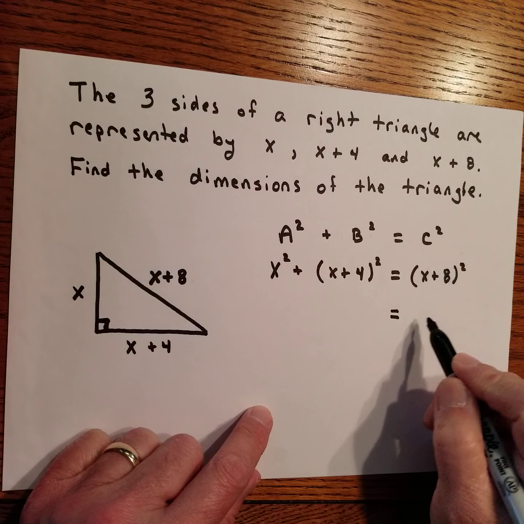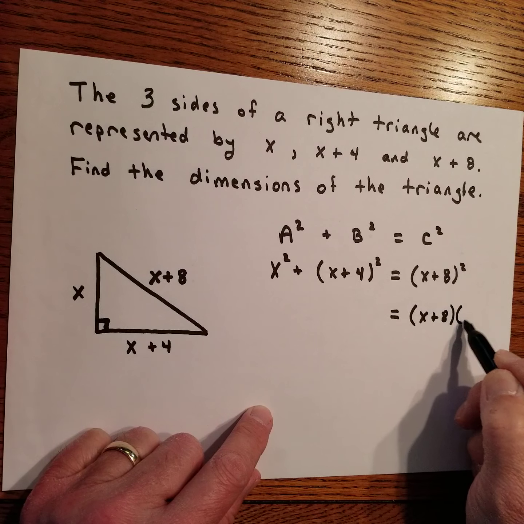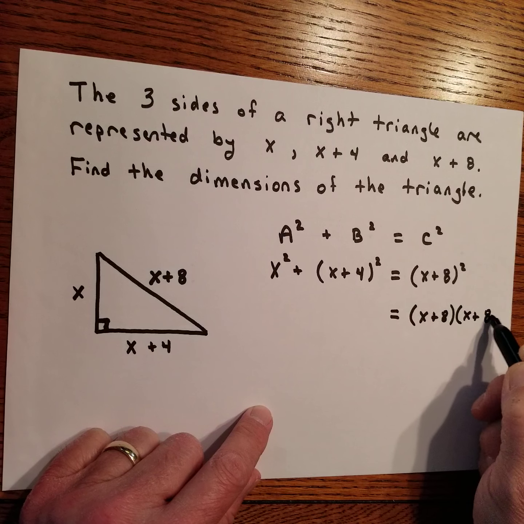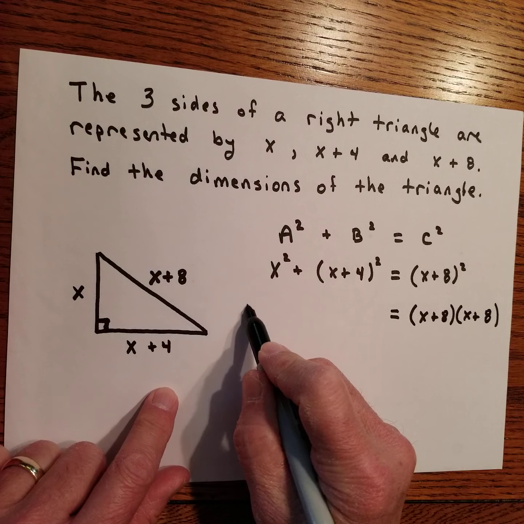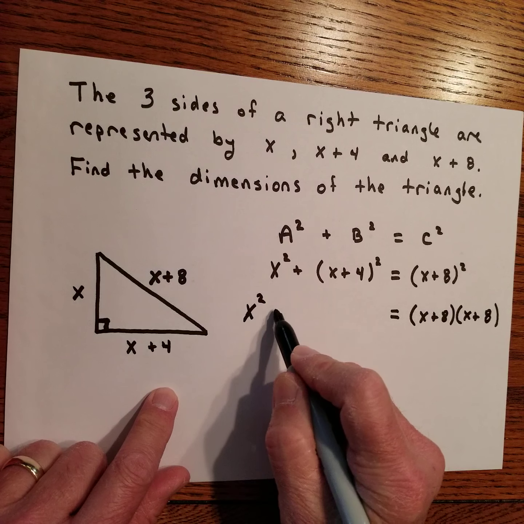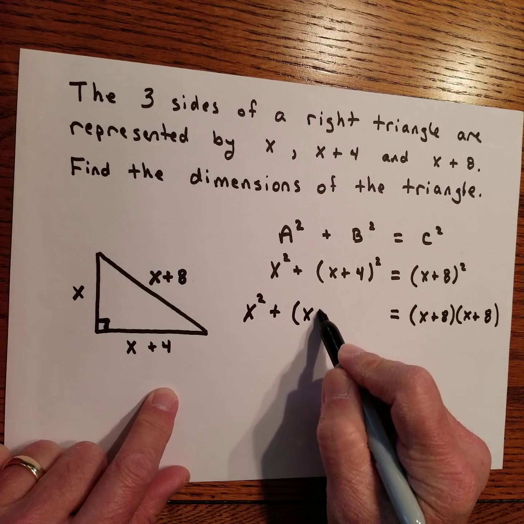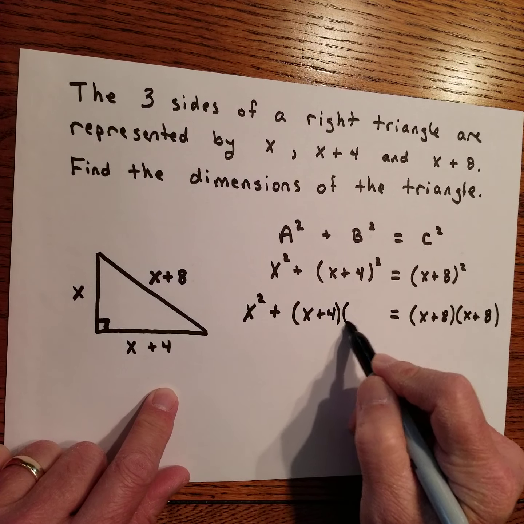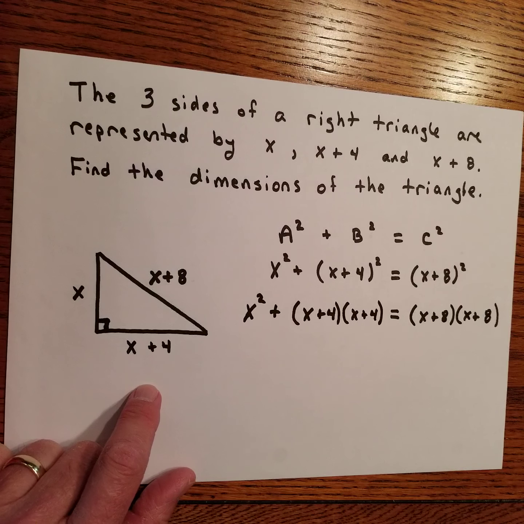I know x plus 8 squared means x plus 8 times itself. On this side of the equal sign, I'll copy the x squared, and x plus 4 squared means x plus 4 multiplied by itself.